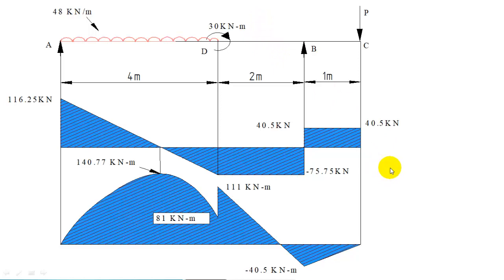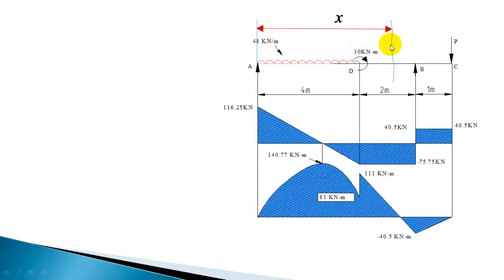So let us do that. Now I have taken a section at a distance x, and this section is in the portion DB, because we have identified the point of contraflexure in the section DB. So the moment produced by this is 116.25 into x, clockwise moment, and this load is 48 into 4.